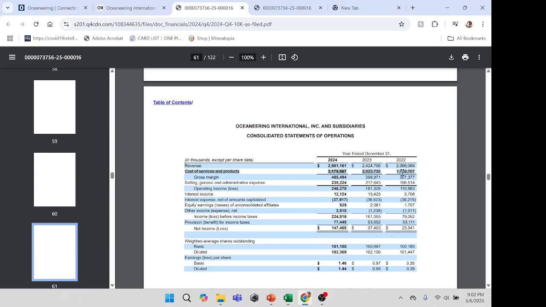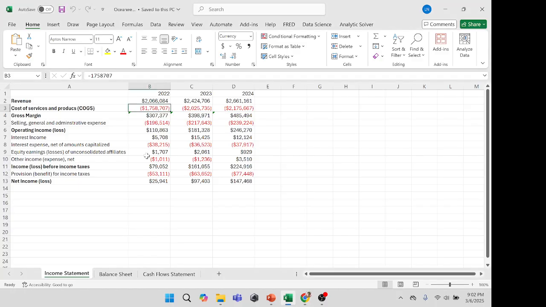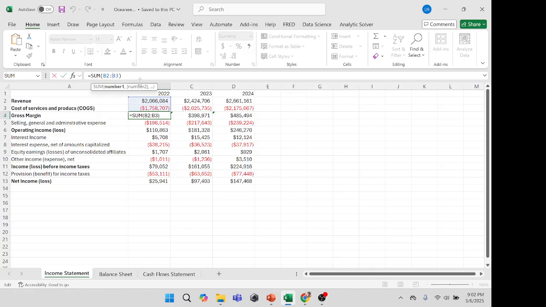It is the cost of goods sold, and you see, in order to find the gross margin, you have to subtract the cost of goods sold from the revenue. So it basically means I take this, I subtract this, and then in the gross margin, I use the sum function to add up these two to get to this.